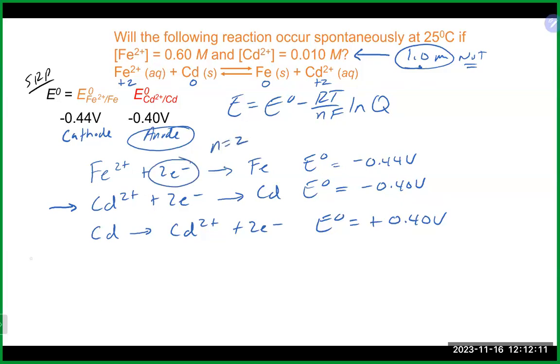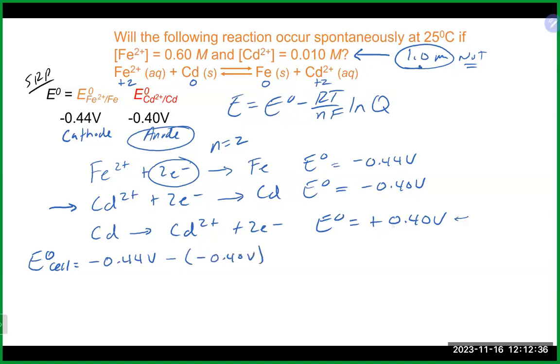We could also, at this point, calculate our E of our cell under standard conditions. And again, here I'm going to do cathode minus anode, so I'm not going to change the sign. If you did change the sign like here, again, you would add the two numbers as we've been talking about. So our cathode here is going to be minus 0.44 volts minus minus 0.40 volts.